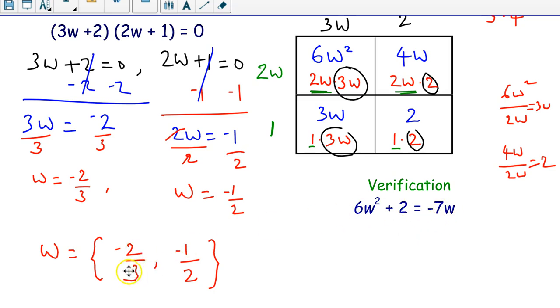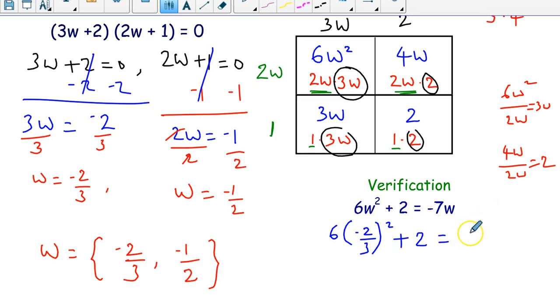So let me substitute the first value of W here: 6 times (-2/3) squared plus 2 is equal to -7 times W, where W is -2/3.